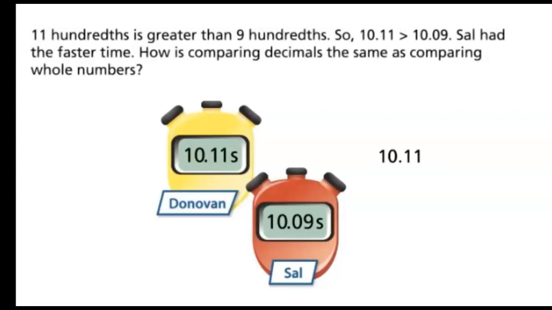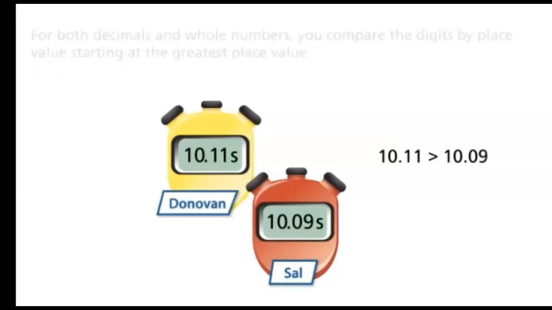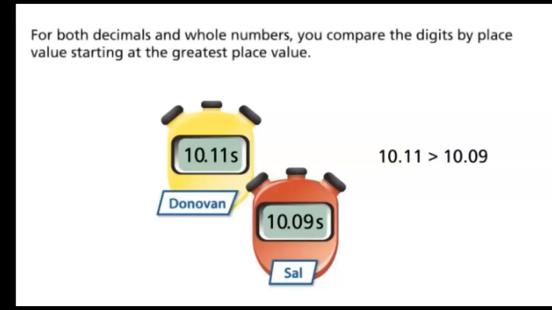So 10 and 11 hundredths is greater than 10 and 9 hundredths. Sal had the faster time. How is comparing decimals the same as comparing whole numbers? For both decimals and whole numbers, you compare the digits by place value, starting at the greatest place value.